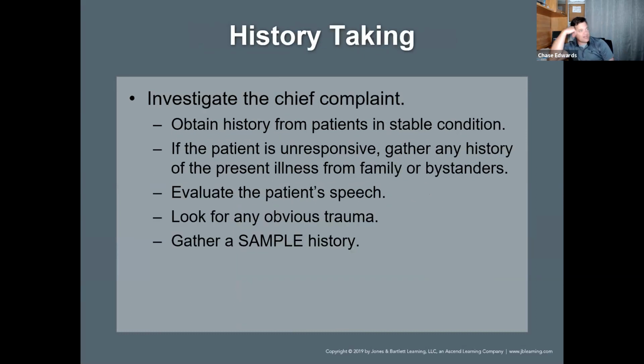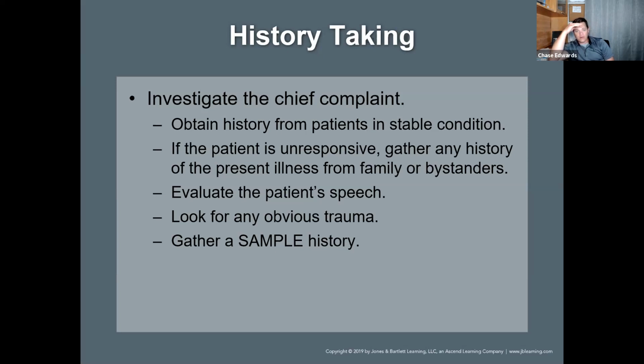So some history taking. You're going to investigate the chief complaint. So obtain the history from the patient if they're in stable condition and with minor complaints. If the patient is unresponsive, gather any history of the patient's present illness from family members or bystanders.